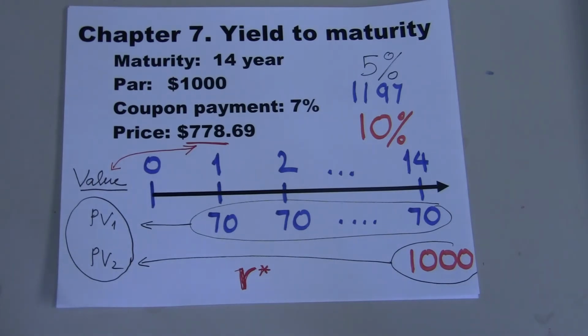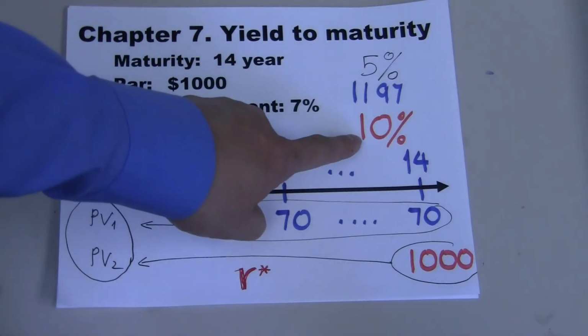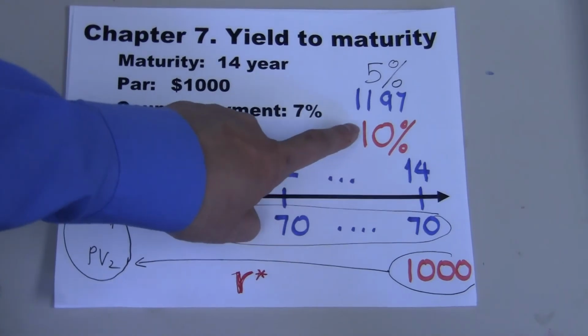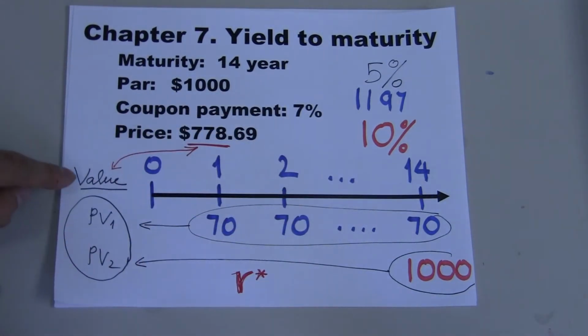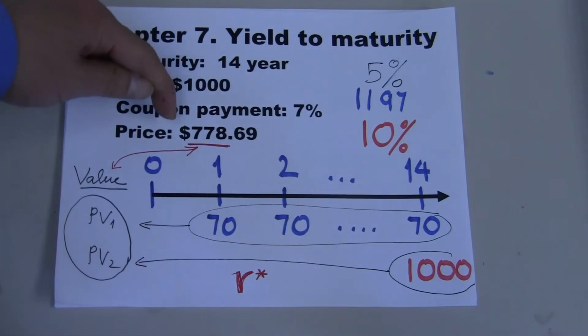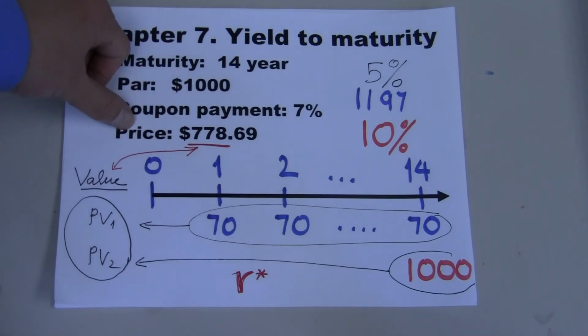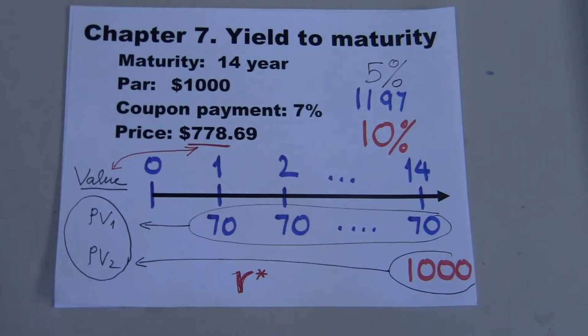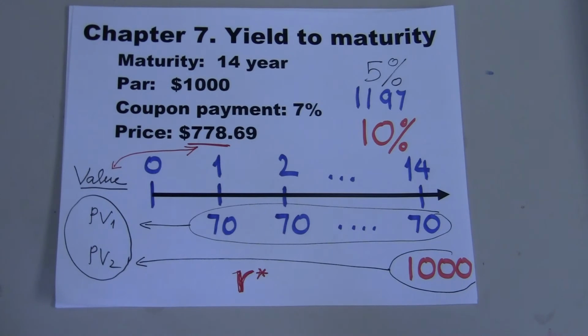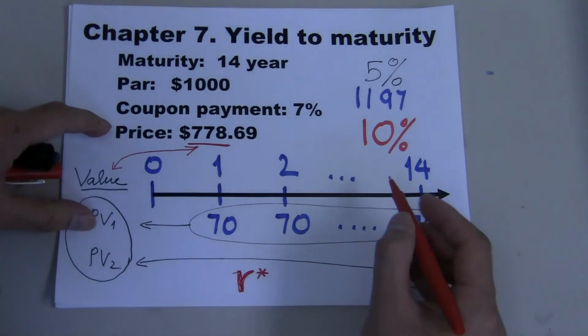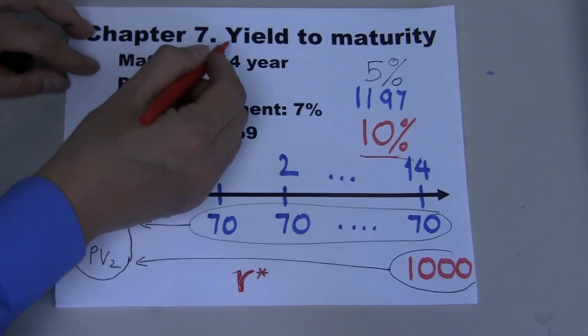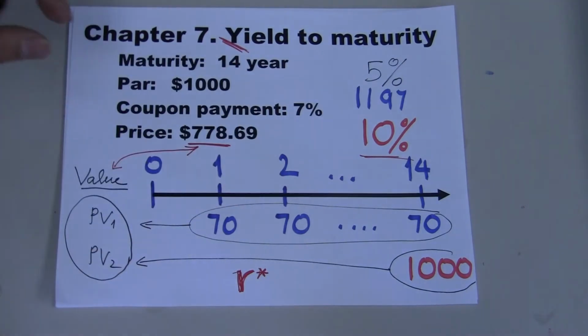So at this 10% discount rate, it's special. The value of the bond is equal to the market price of the bond, and therefore 10% is my yield to maturity.